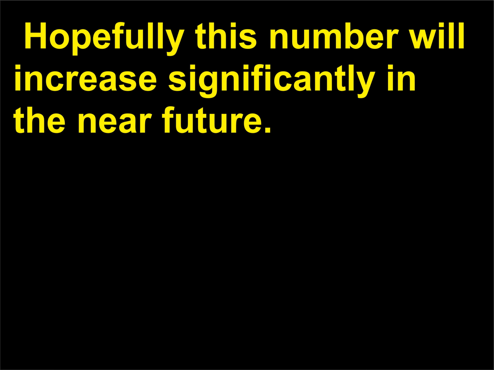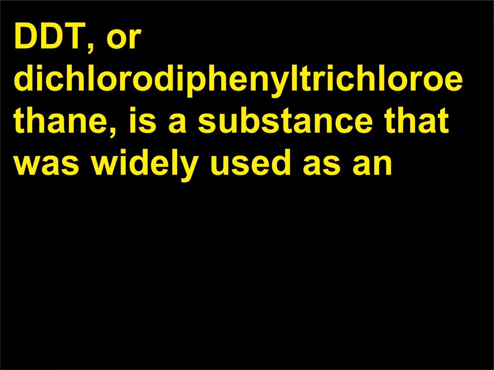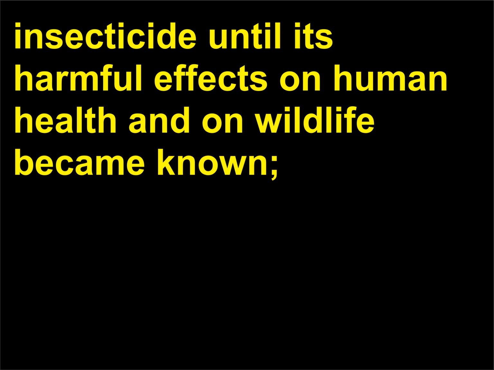What is DDT? DDT, or dichlorodiphenyl trichloroethane, is a substance that was widely used as an insecticide until its harmful effects on human health and on wildlife became known.